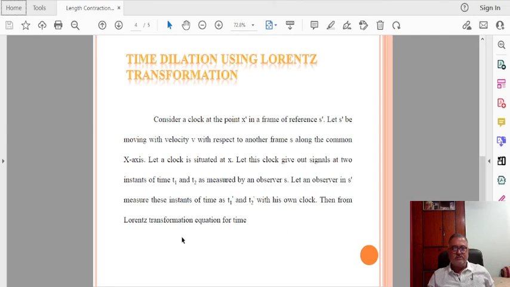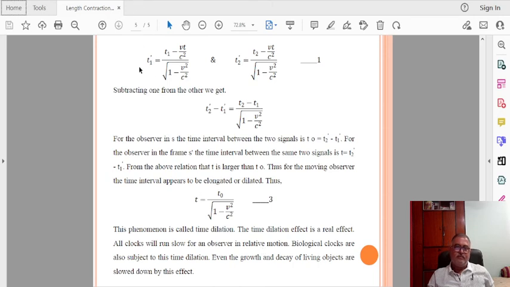Then, from the Lorentz transformation equations for time, we subtract t1 prime from t2 prime.